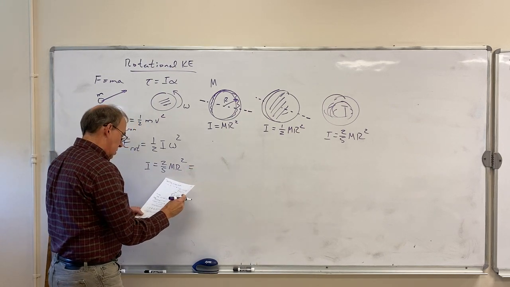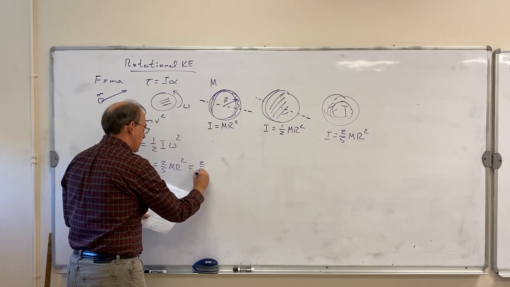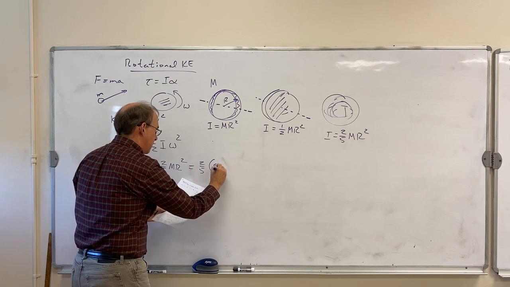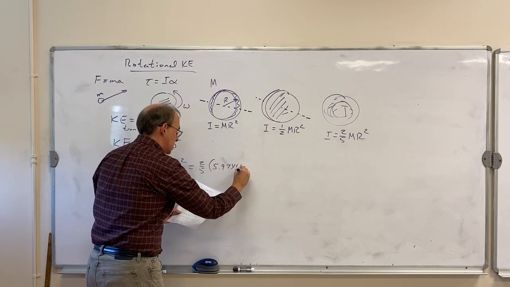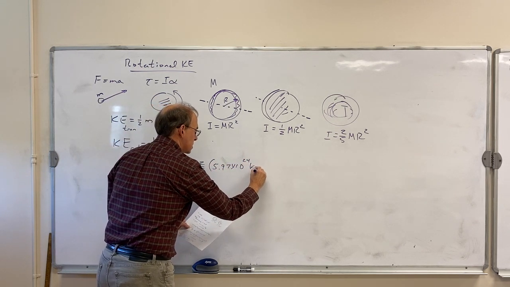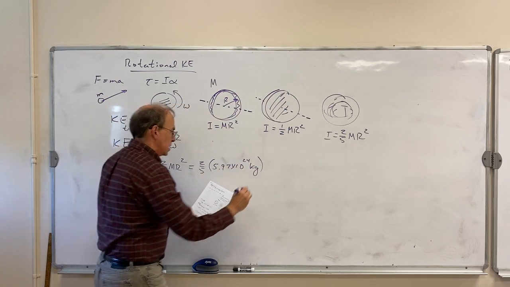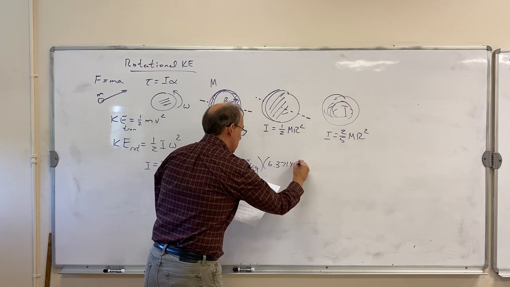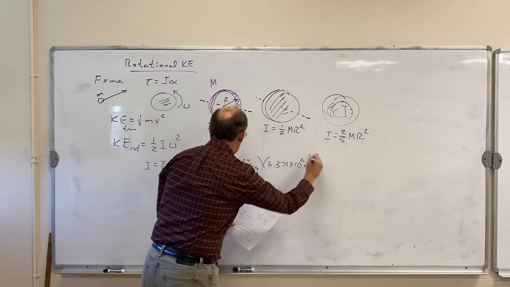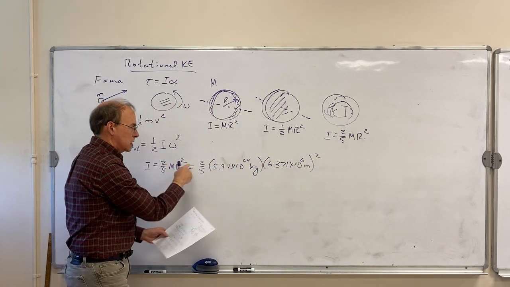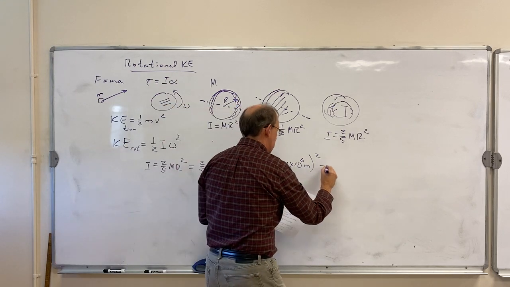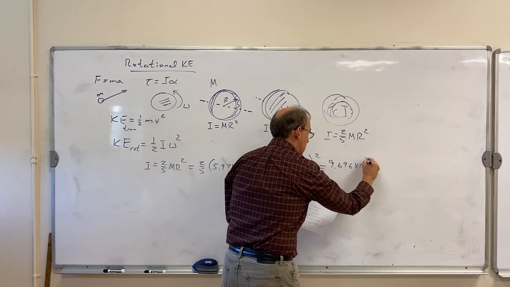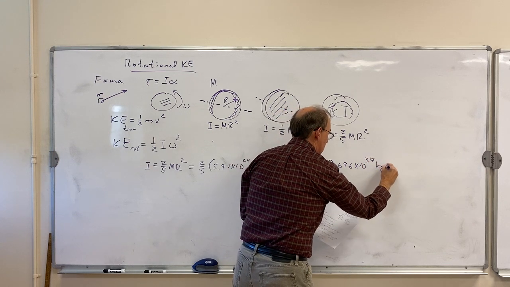So this is 2/5. The mass of the Earth is 5.97 times 10 to the 24 kilograms. The radius of the Earth is 6.371 times 10 to the 6 meters, squared, because this radius is squared. And this gives me 9.696 times 10 to the 37 kilogram meter squared.